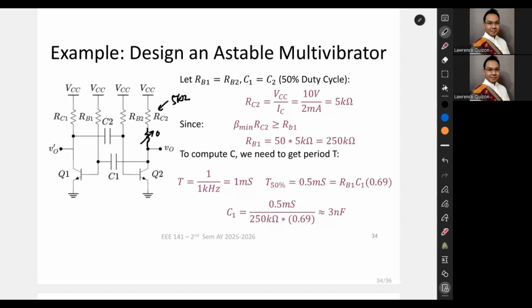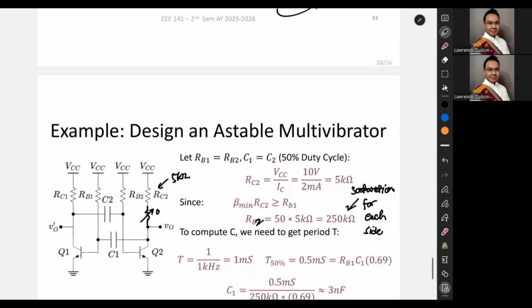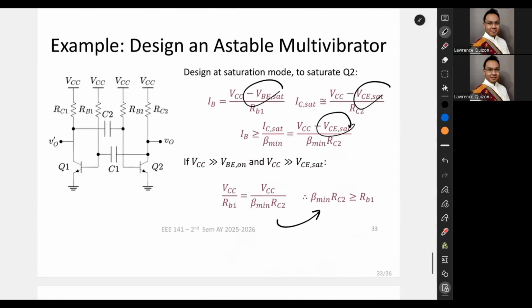This enforces that the circuit remains in saturation for each side. Correction, we need to say that this is RB2, because this is the IB that we have to work with.